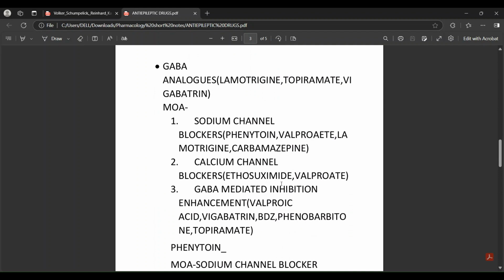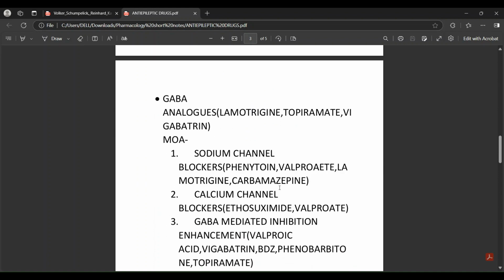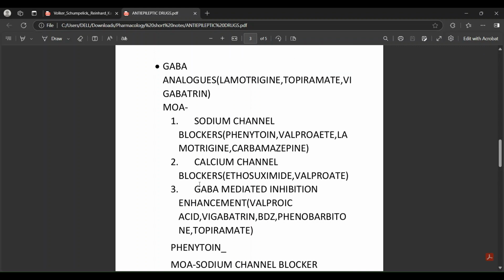So you have to know why we enhance the GABA activities. The third one is GABA-mediated inhibition enhancement, because GABA is an inhibitory neurotransmitter. In the brain, there is a neuron which inhibits action potential.